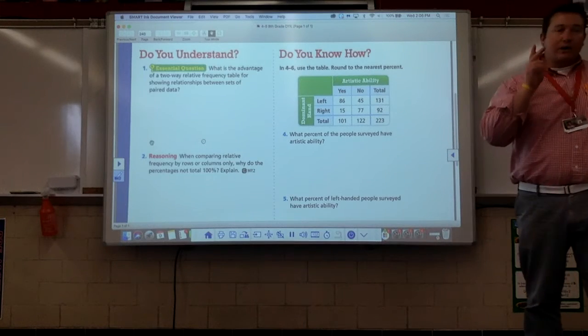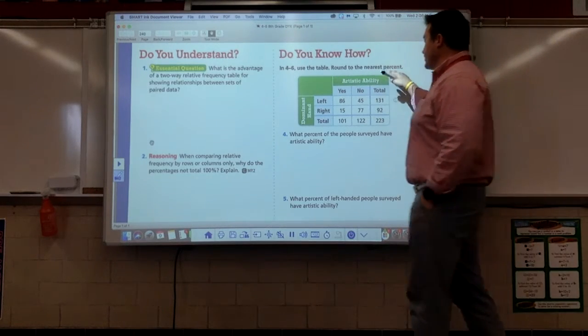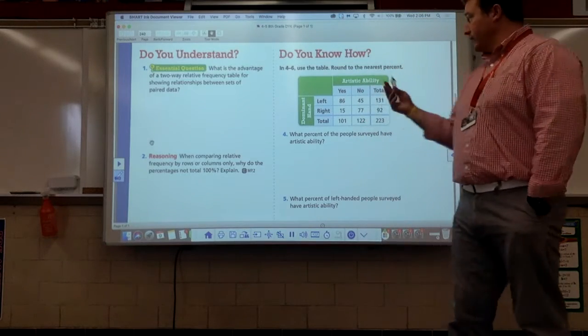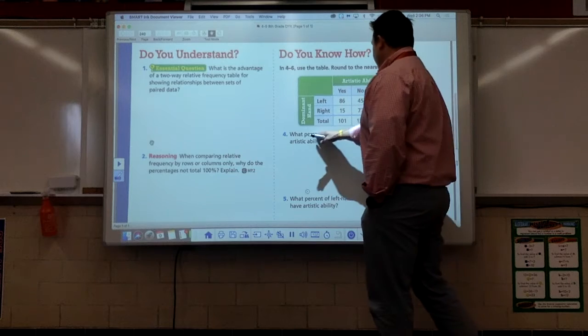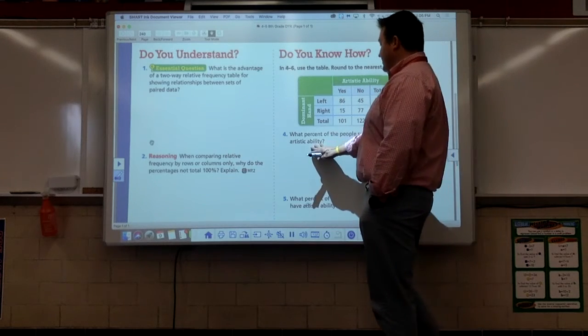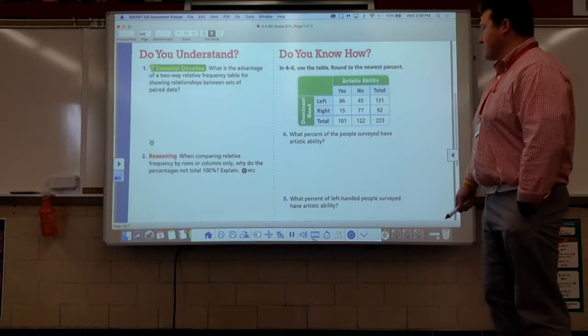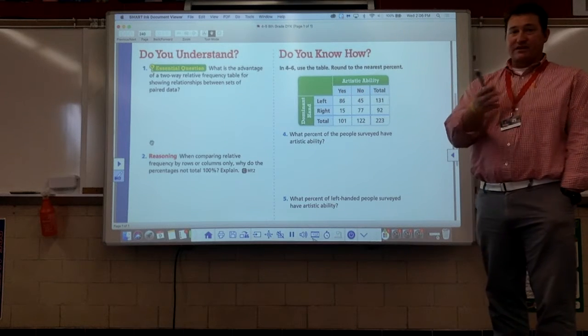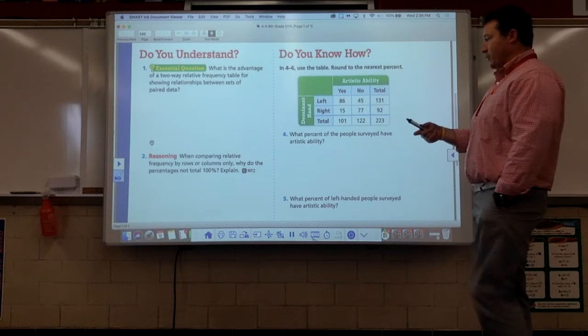All right, here we go. Round to the nearest percent. Sweet. So not tenths or whatever. What percent of the people surveyed have artistic ability? All right. So this is where we don't need to make the whole relative frequency table. We just have to focus in on the part that we're going to want.